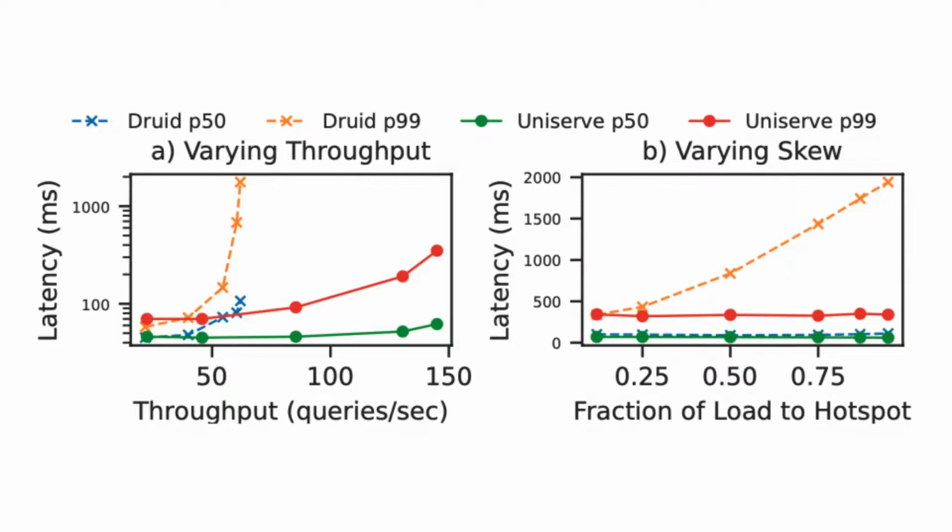But since Uniserve balances load for such kind of hotspot due to its greedy algorithm, it outperforms Druid by almost 3x. The right side figure is the second workload, where the fraction of queries sent to the hotspot is varied. Due to again load balancing, Uniserve's performance is near constant, but Druid's latency increases as the fraction of queries is increasing.